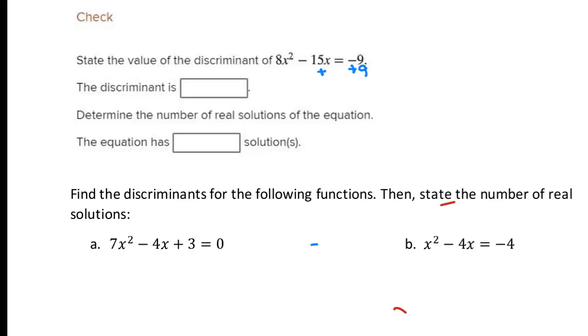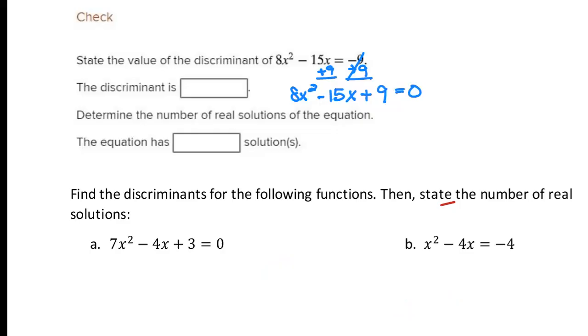Add 9 over here. The 9's cancel out. I get 8x squared minus 15x. Nothing changes with the first two. And then plus 9 equals 0.